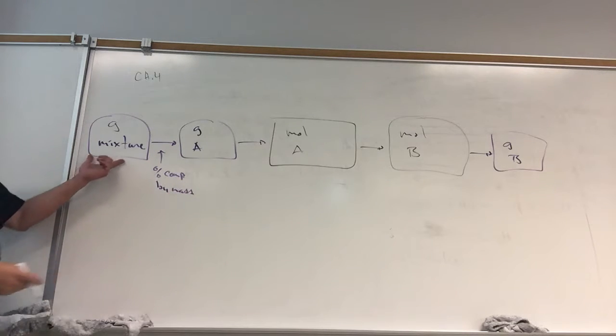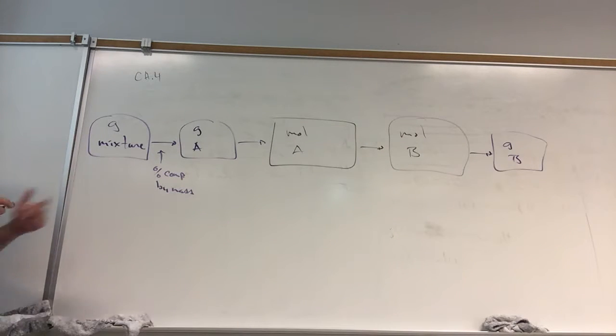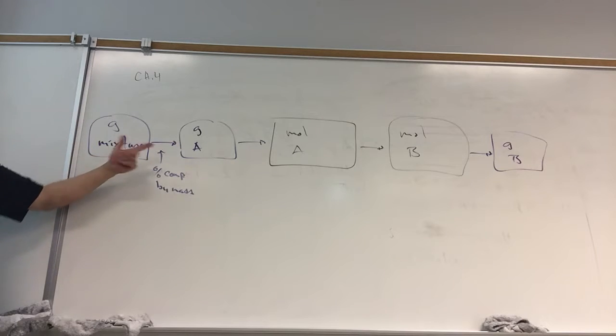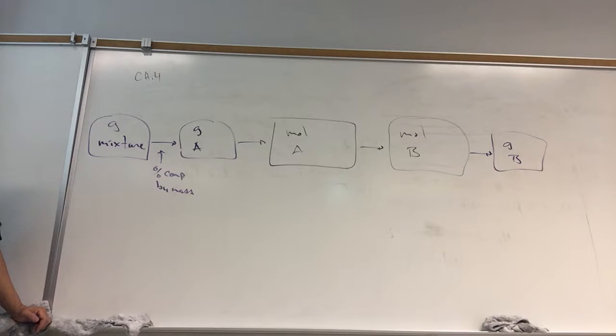If we have 100 grams of mixture and 20 grams of that 100 is A, that's 20% A, then 100 grams of mixture is only going to give us 20 grams of A. Typically we deal with this type of mixture here. We can deal with other types of mixtures as well. Solution mixtures, let's talk about that here.